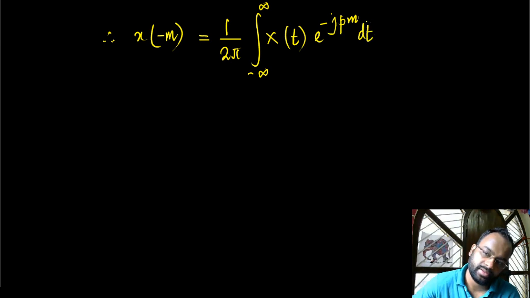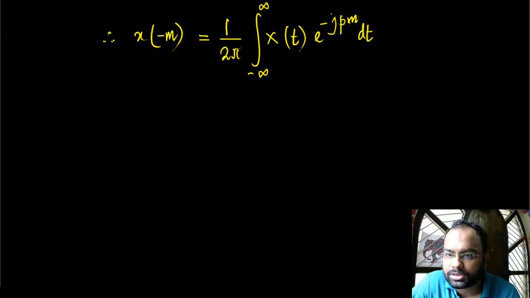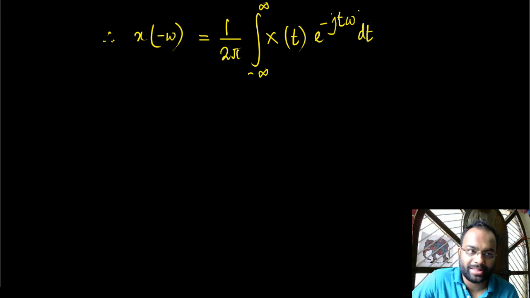And instead of m, I can say anything else. I can say cow, donkey, anything. I can also say omega. Because these are just dummy names, basically.